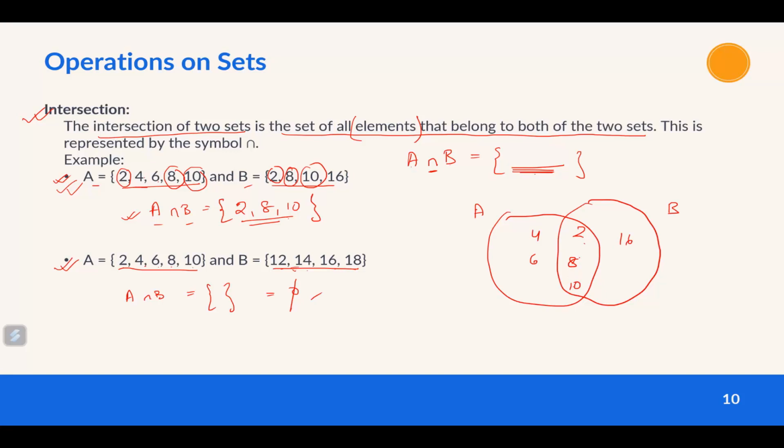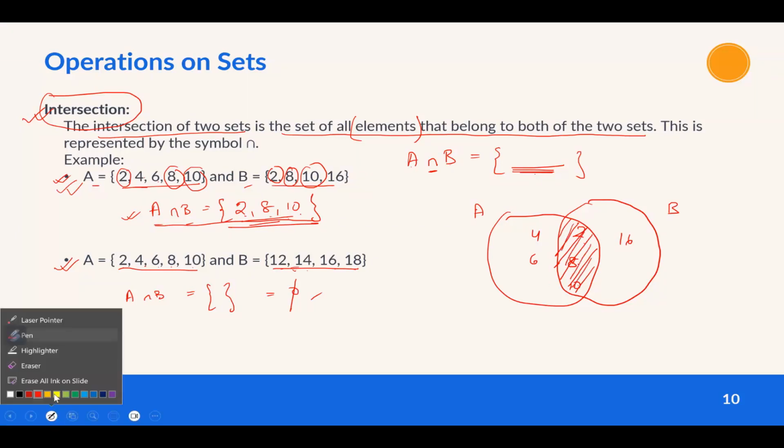So you see this 2, 8, 10 is present in A as well as in B. So in the Venn diagram, this region, which is the overlapping between the circles of set A and set B, represents the intersection of both the sets, right? You can see here also, the elements are 2, 8 and 10. So this region represents intersection.